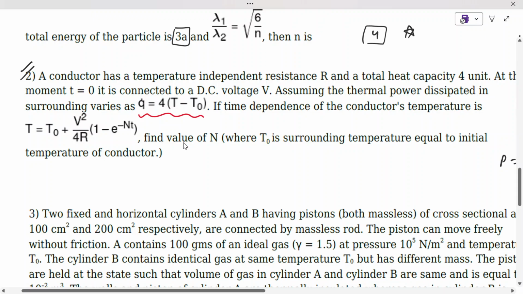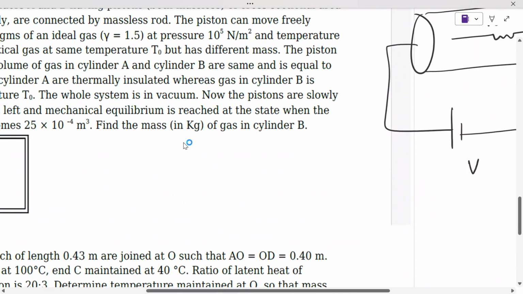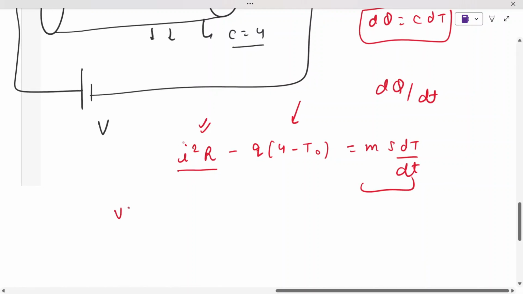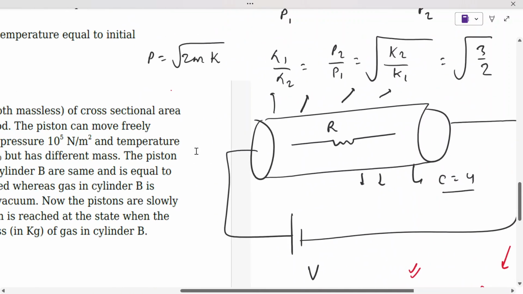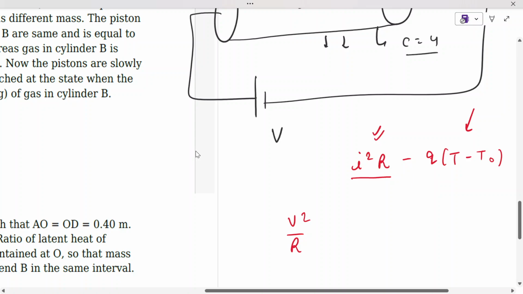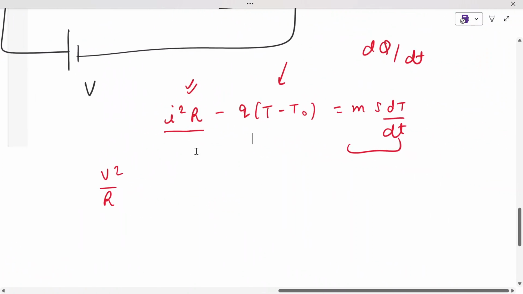Here I is simply V by R, so I square R is V square by R, the power generated. This power is emitted to the surroundings. So does the temperature increase or decrease?